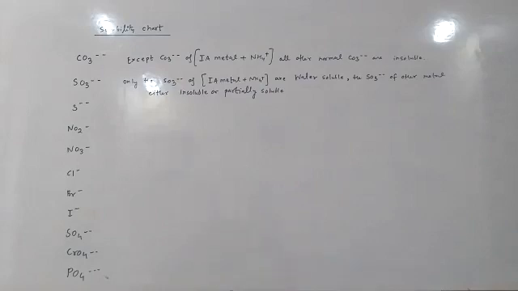Basically, alkali metal sulfides are soluble. The normal sulfide of most other metals are insoluble. Those of alkaline earth metals are insoluble, but when they are in contact with water, they will produce hydrogen sulfide, which is soluble. Understood?